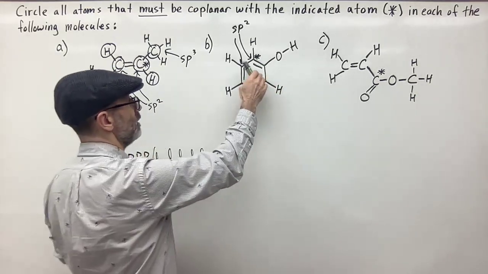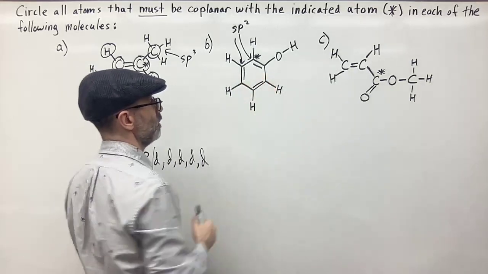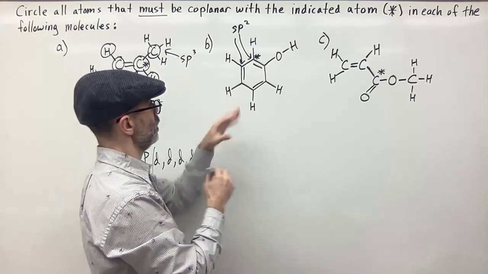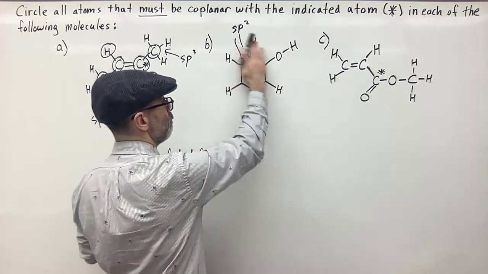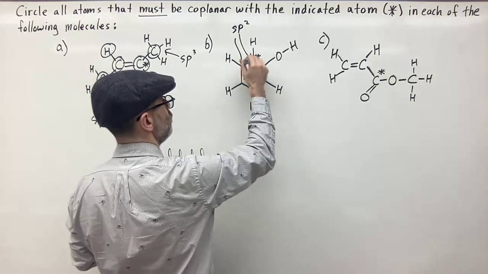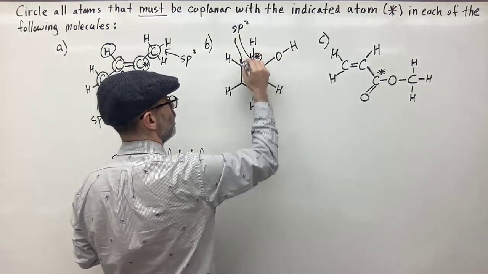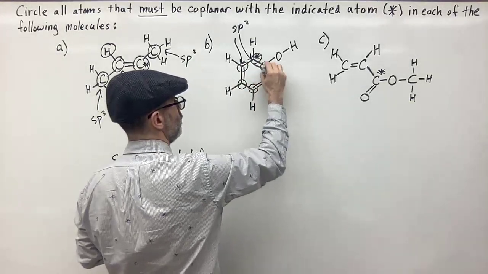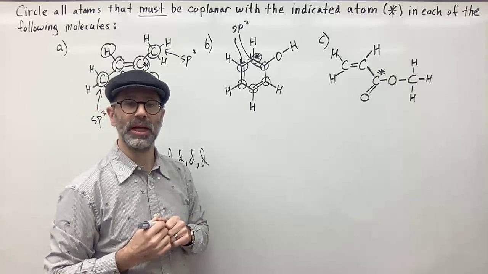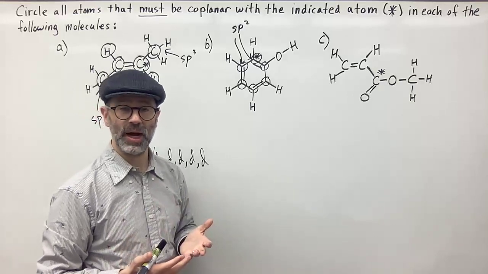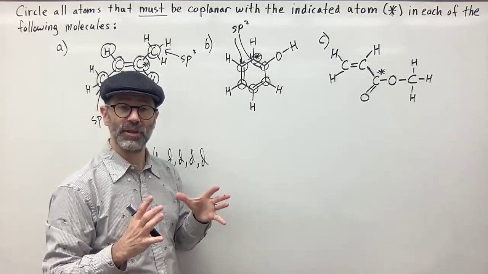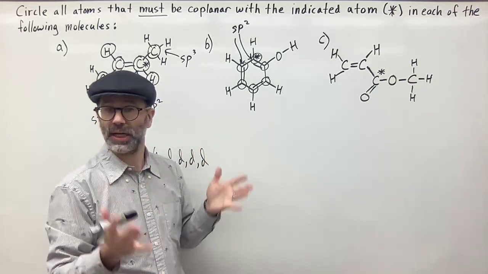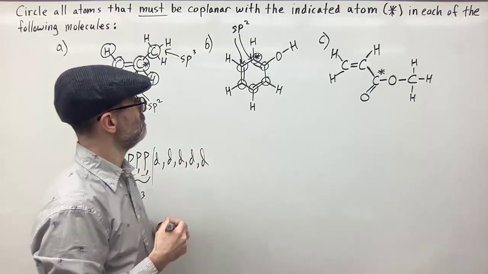Now, these double bonds here keep the whole thing from rotating. So this is going to be a flat molecule. All of these carbons, this carbon here, this carbon, this carbon, this carbon, this carbon, and this carbon, are all in the same plane because they're all sp2 hybridized, which means they have the trigonal planar molecular geometry, or electron geometry in this case as well.